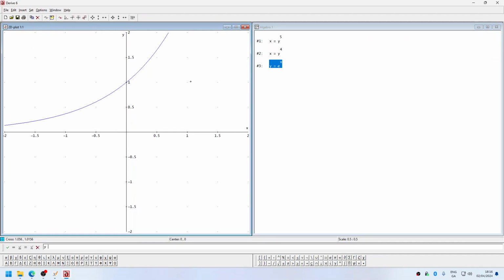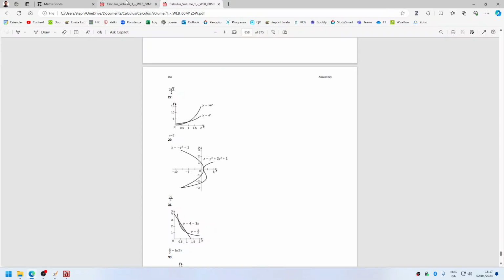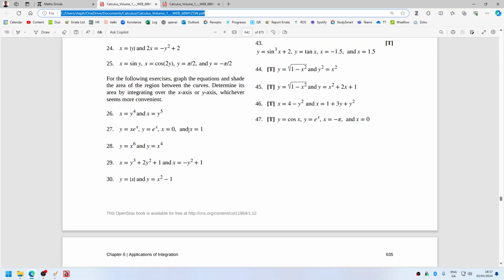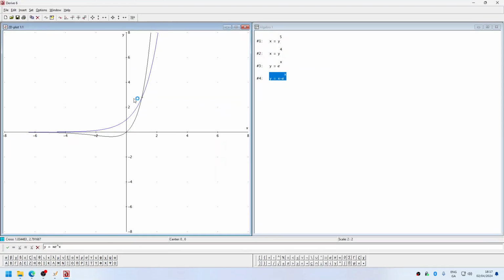And then y equals x e^x. Well, that's clear cut. And are we told to go from 0? Because that would probably be needed. 0 and 1. Yeah. Okay. So from 0 to 1.